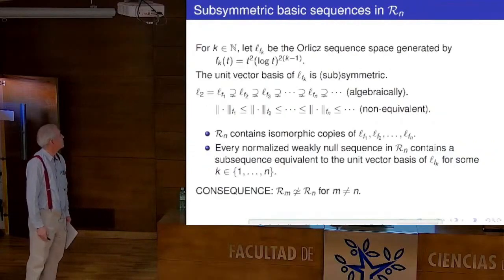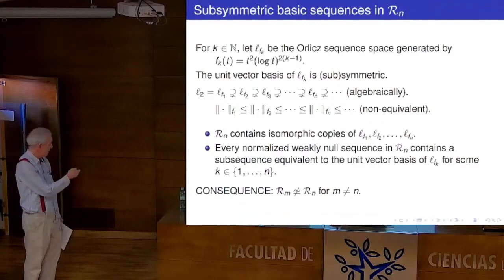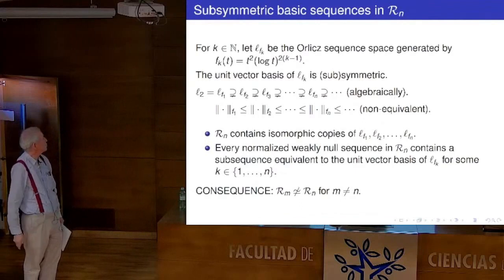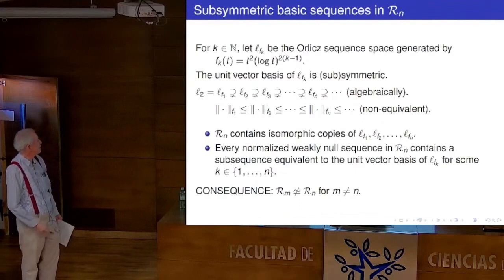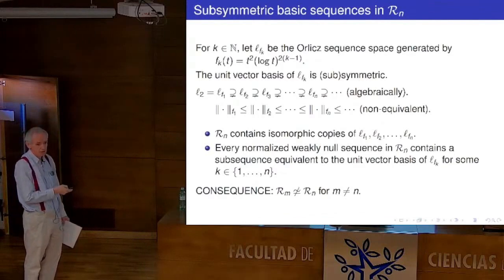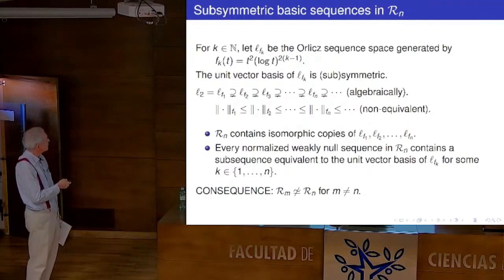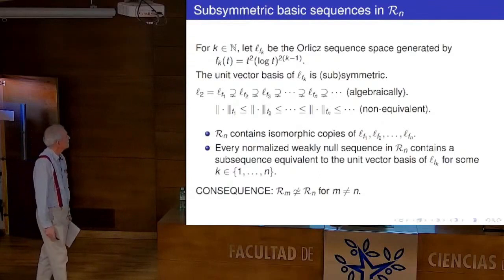And here is the result. For every k, we consider an Orlicz sequence space, given by this function that is equivalent to an Orlicz function. Well, it's very well known that the unit vector basis of this space is symmetric, in particular subsymmetric, and these spaces satisfy algebraically these inequalities, which is equivalent to the norms satisfying these inequalities.